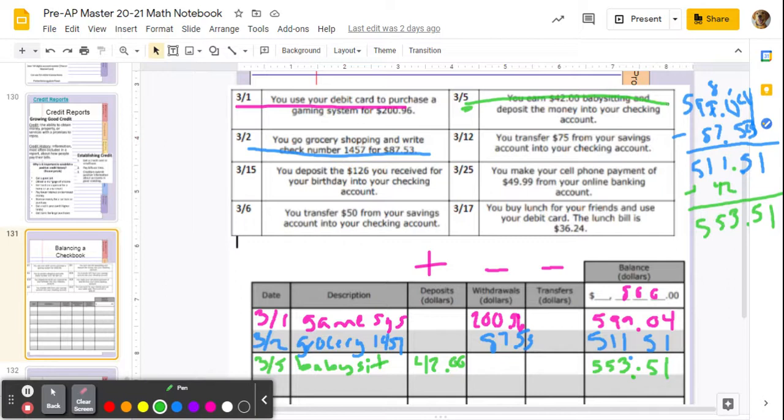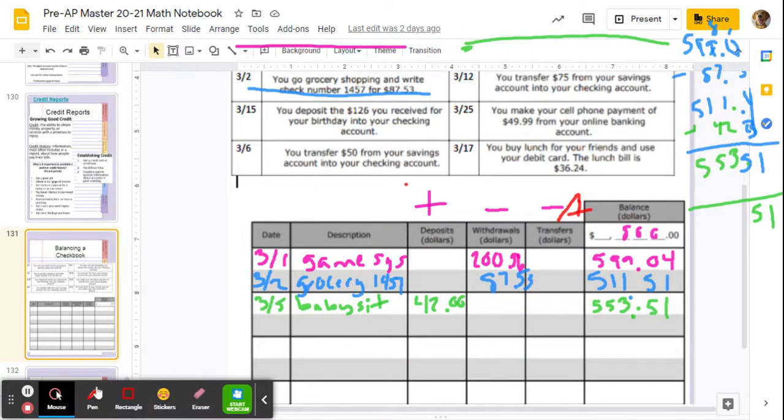The next one, we're going to transfer $50 from our savings account into our checking account. Transfers can be adding money or taking it away, depending on which way you're doing it. For this one, we are technically going to be adding money because we're transferring it from our checkings into our savings.